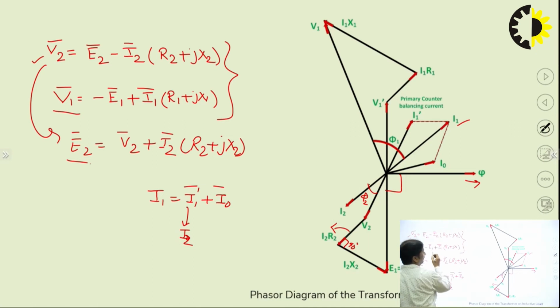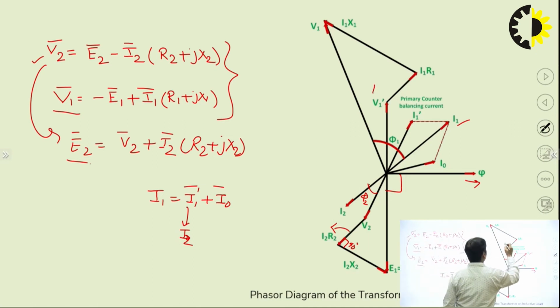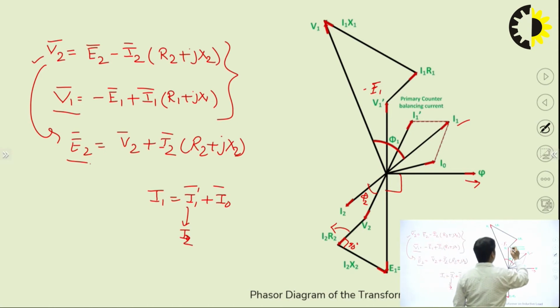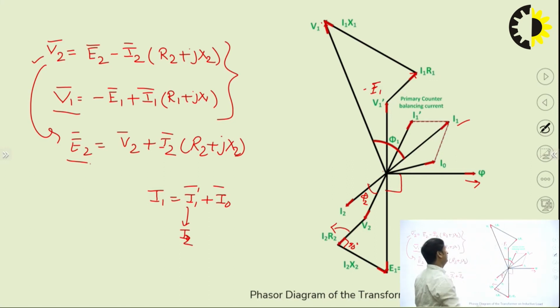V1 is equal to minus E1 plus I1R1. I1R1 is in phase with the current I1, so the current I1 is this side. In this phase it is I1R1, and at 90 degrees it is I1X1. If I join from here to here, you will get the voltage V1, because V1 is equal to this plus this.